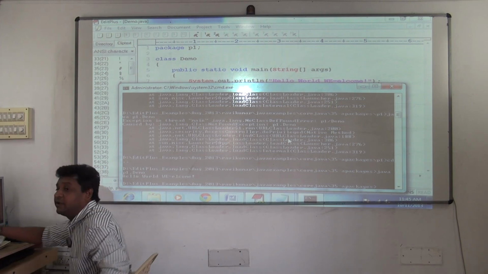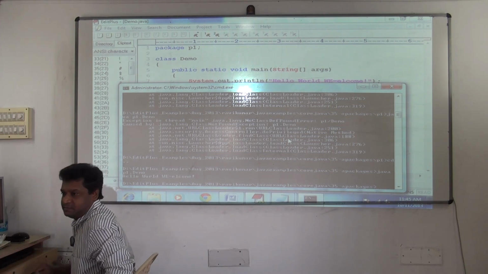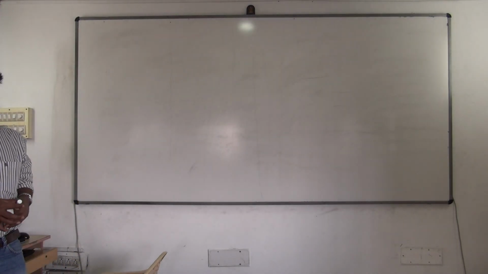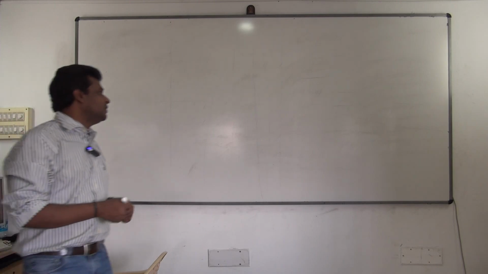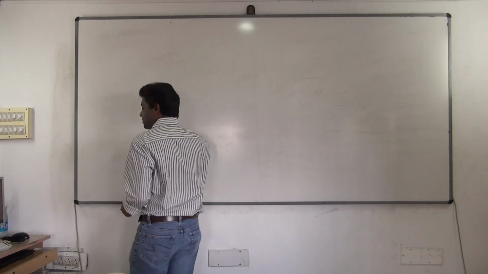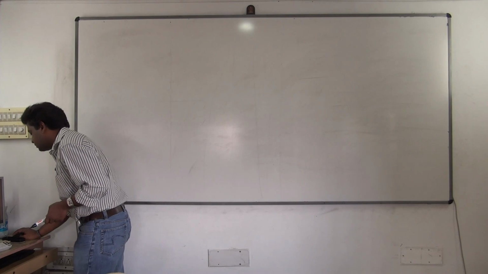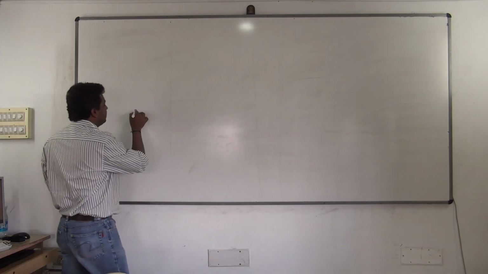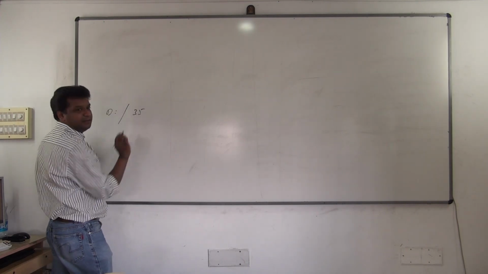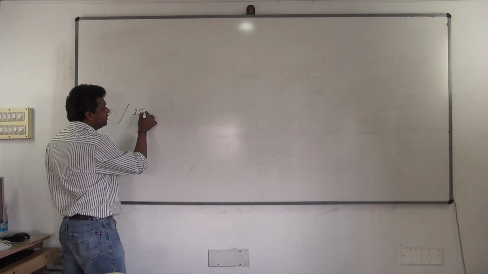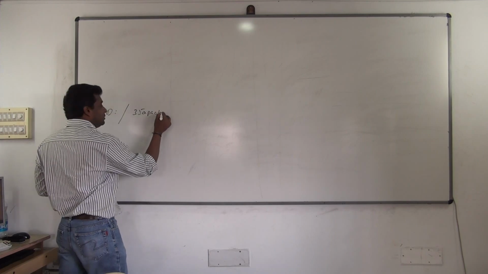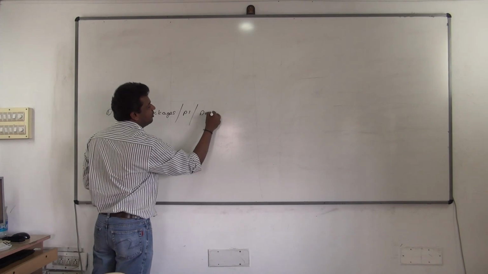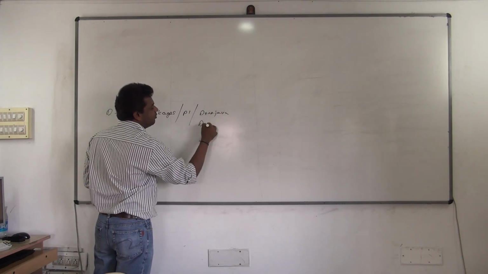Now, your question is why should I use that package name? Understood? See, once it is linked with the package name, see what happens? We are in which folder? See the location. Example I will take, let it be D drive. I start off with 35A packages. In this location we have P1. Here we have Demo.java. Once you compile, you will get Demo.class.